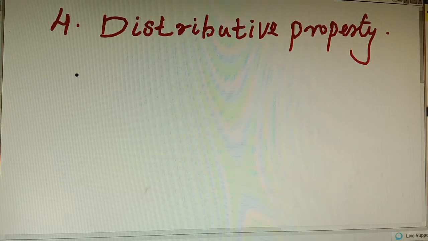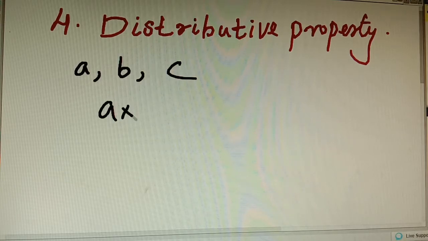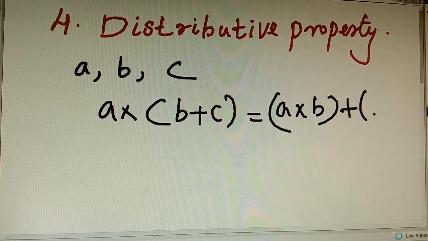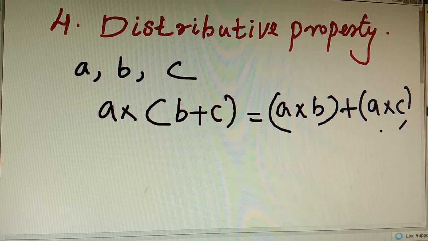For any 3 rationals a, b and c, a into (b plus c) is equal to (a into b) plus (a into c). It is known as distributive property.